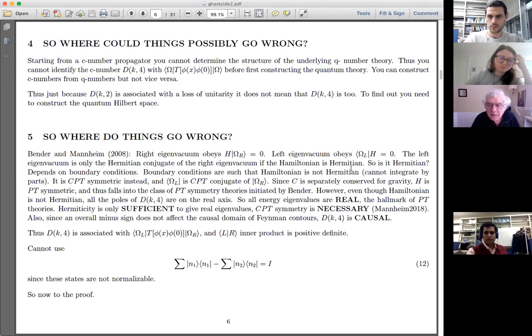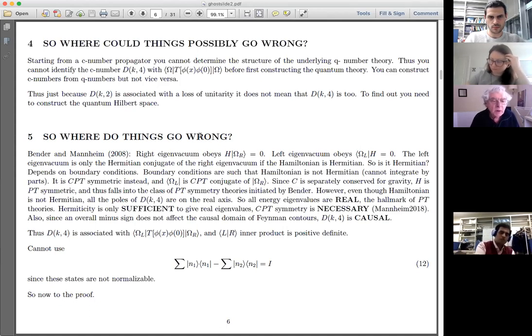Well, is it Hermitian? Well, that depends on boundary conditions. Boundary conditions are such that the Hamiltonian of these fourth order theories is not Hermitian, which means you cannot integrate by parts. But it does turn out to still be CPT symmetric, and omega left is the CPT conjugate of omega right, not the Hermitian conjugate.